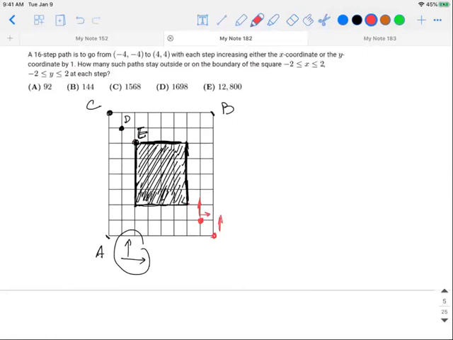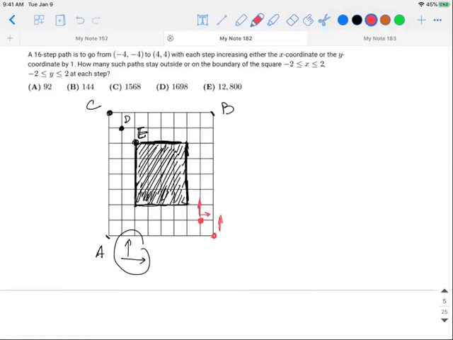What else? Is this comprehensive? Check out the question. Yes. The question says what? How many paths can you make sure stay outside or on the boundary of the square? On the boundary of the square is also correct.